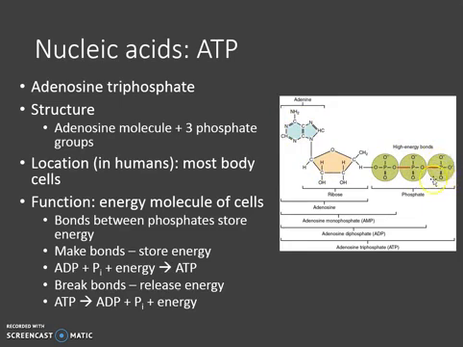When we add that third phosphate, we're storing energy in the form of this chemical bond. And it's kind of like charging a battery. You're storing energy there. Now later, say in your muscles, we'll be able to go in and break that bond and transfer that energy to the muscle cells so that they can contract.